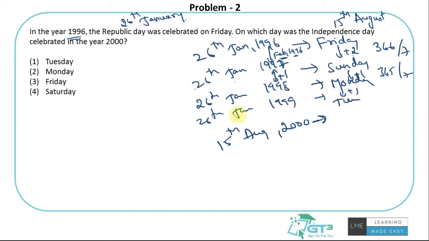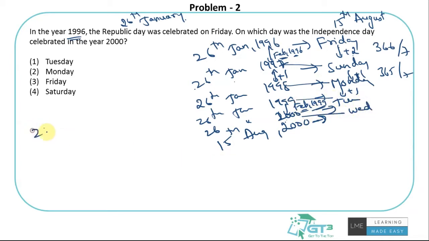So Tuesday 26 January 2000, right? 1999 to 2000 is a leap year, but which February is included in this frame, 26 January 1999 to 2000? February 1999. So that is still a non-leap year February, so it is simply plus 1. Friday, Sunday, Monday, Tuesday, sorry, this should be Wednesday.